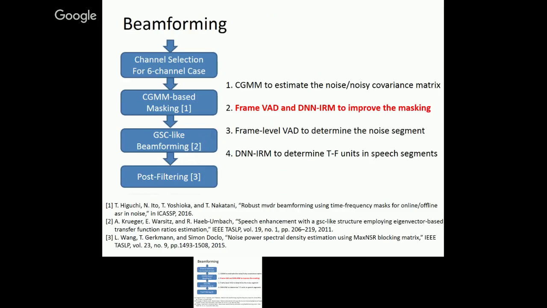With that information, in the third step, we perform GSC-like beamforming, using a reference method, and finally we do the post filtering. The VAD information and the DNN IRM are mainly to improve the masking performance for the CGMM-based masking, which is the second step.